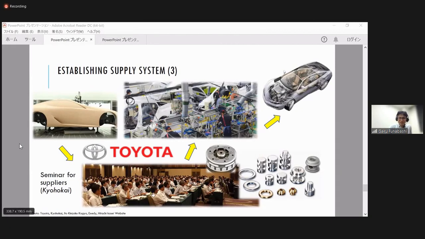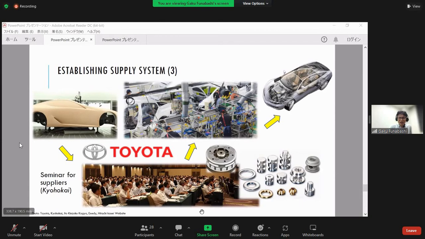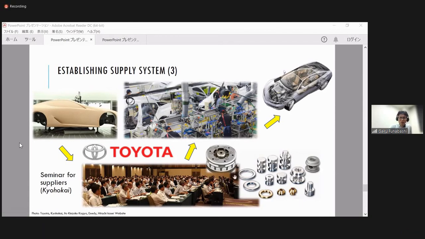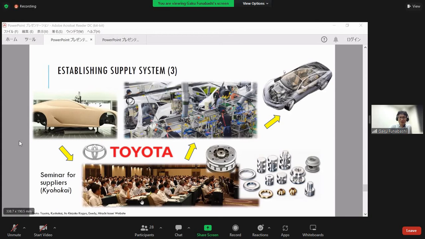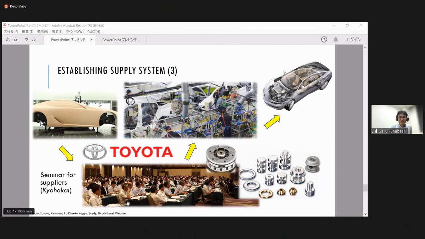This is just a photo of the technological seminars organized by Toyota for suppliers. They are not Toyota staff. They are from other companies, but suppliers of Toyota cars. It's called Kyohokai Association. Again, Toyota's backend technologies involve many suppliers.